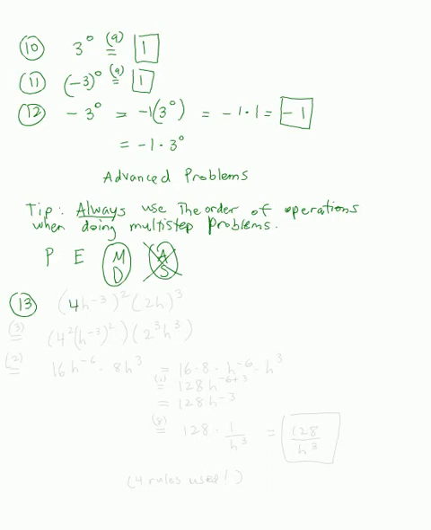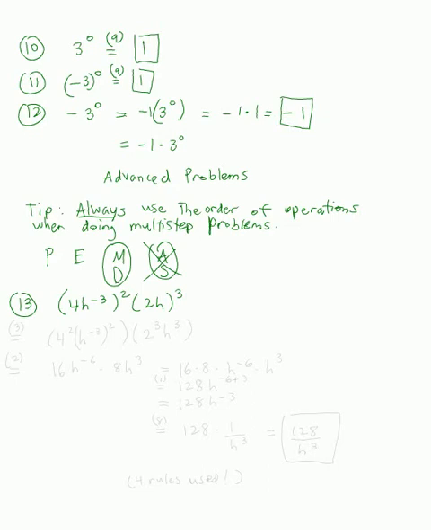Our first one, 4h to the -3rd power squared times 2h cubed. So by order of operations, I have to deal with exponents first. Be careful here, because even though we have parentheses, all the parentheses are doing is separating and grouping here.